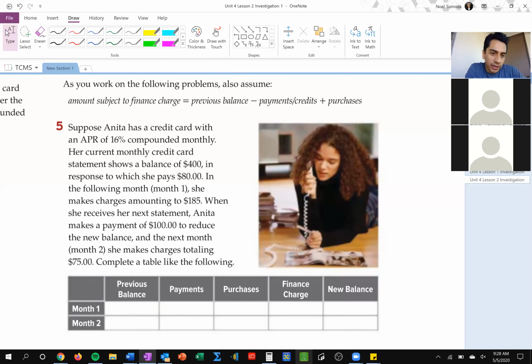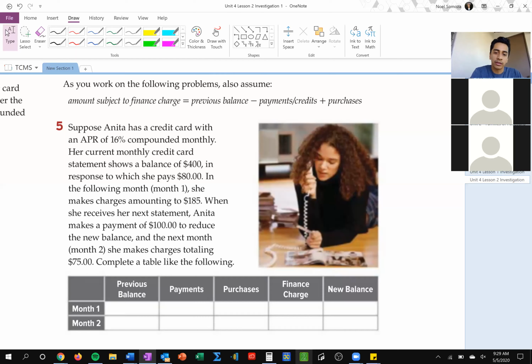So suppose Anita has a credit card with an APR of 16% compounded monthly. Her current monthly credit card statement shows a balance of $400, in response to which she pays $80. So she has a current balance of 400 and she pays 80. In the following month, month one, she makes charges amounting to $185.